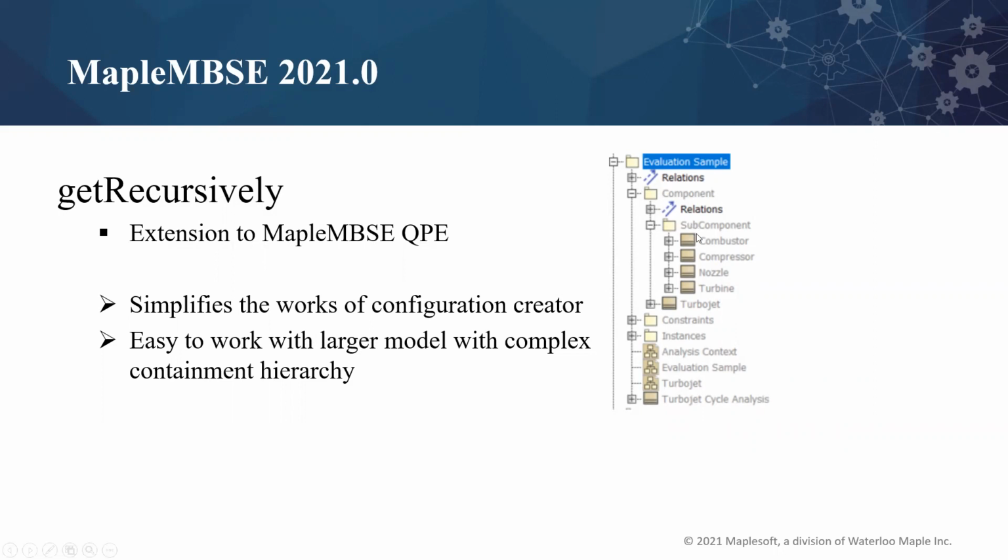So for examples here, as we see on the right, say my project structure is the same example that we saw on the instance matrix. So I have the evaluation sample. It has a component which has a turbojet, but the turbojet cycle analysis is already within the evaluation sample. And within component, we have a package called subcomponent and a few other components inside.